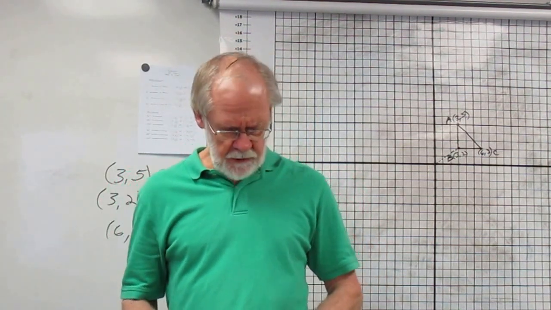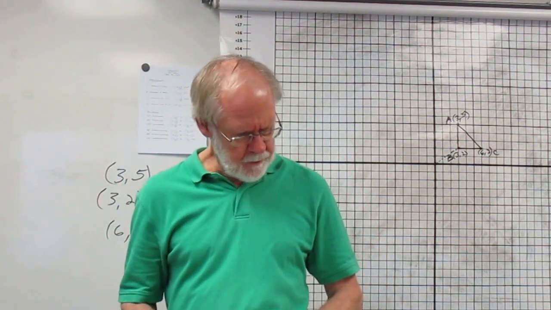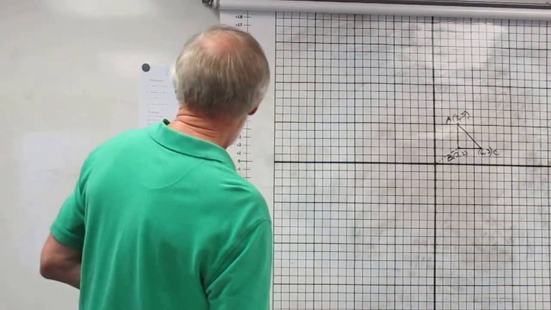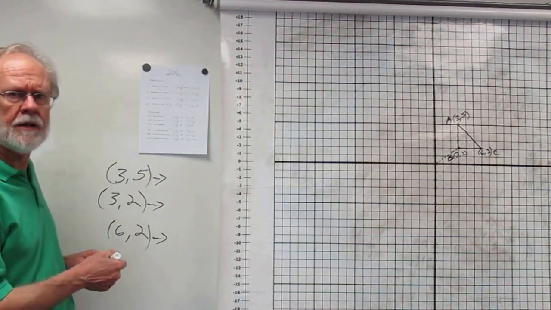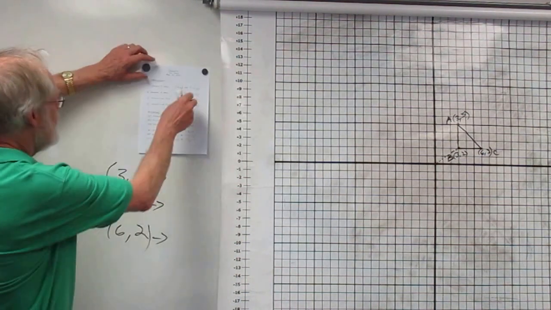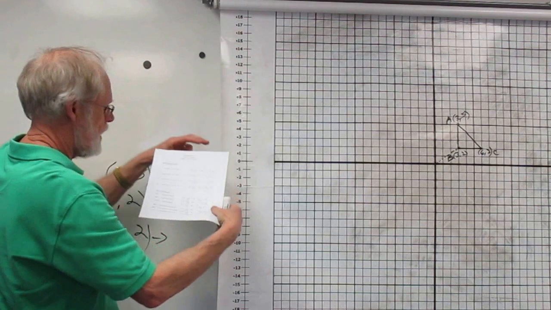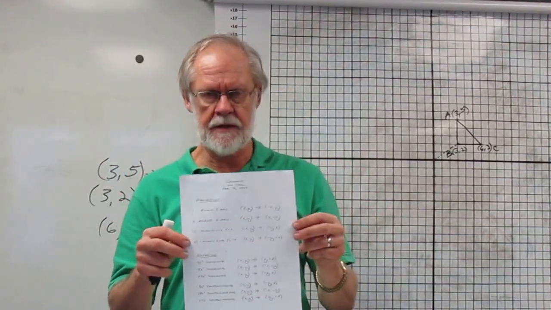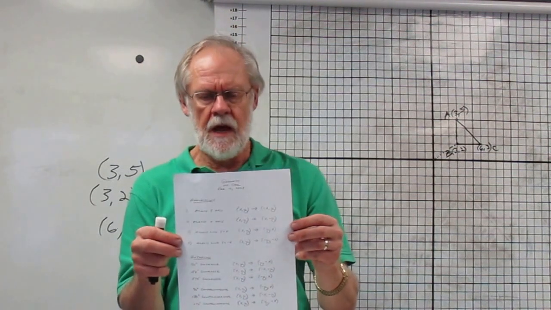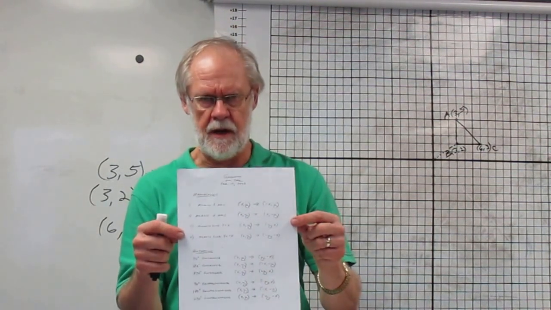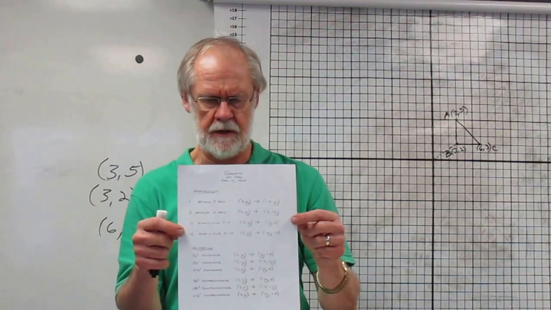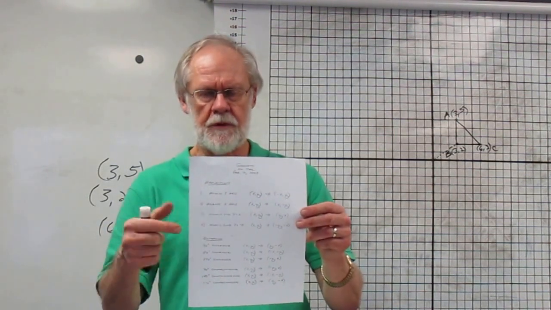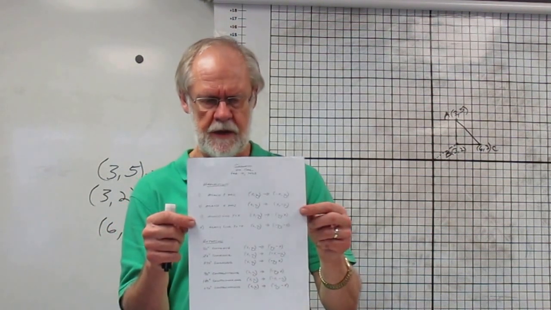Now, to do that, we first have to start talking about certain kinds of rotations. I don't know how well you can see this, but I think this may help. This is a sheet that I have made up, which my students will be receiving in class, which starts out with the first four reflections that we did in a previous section.